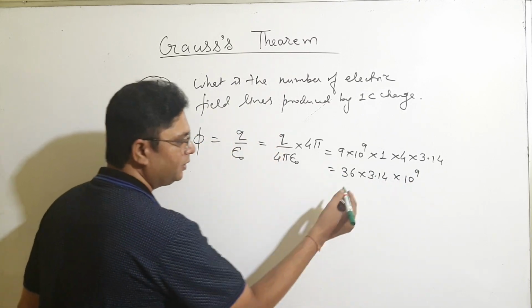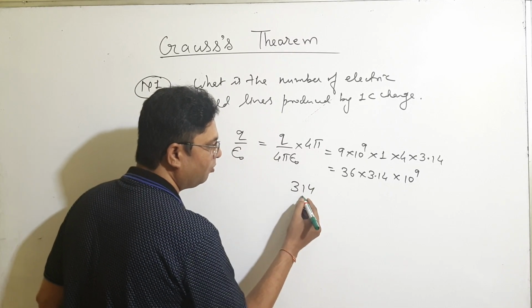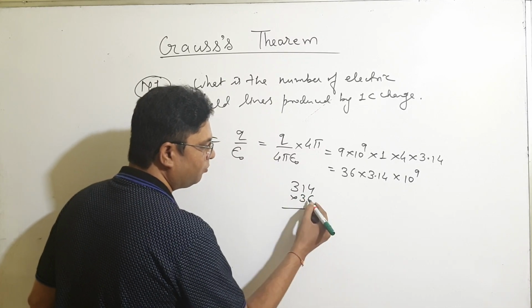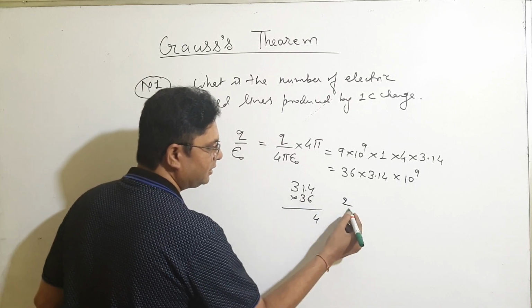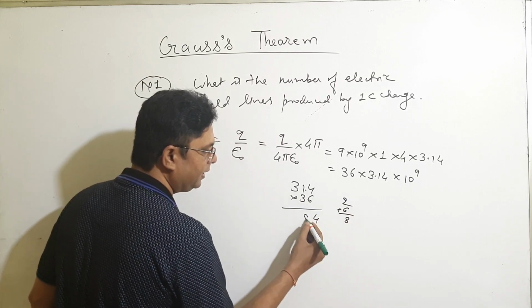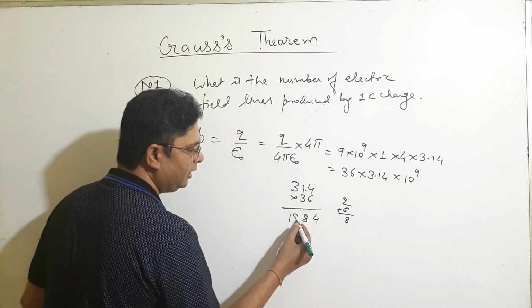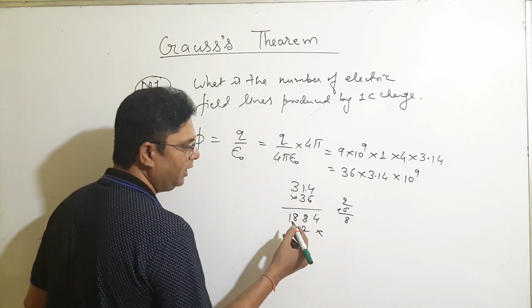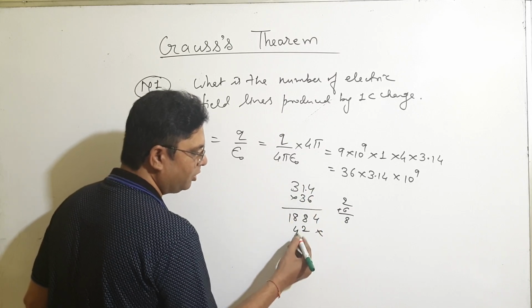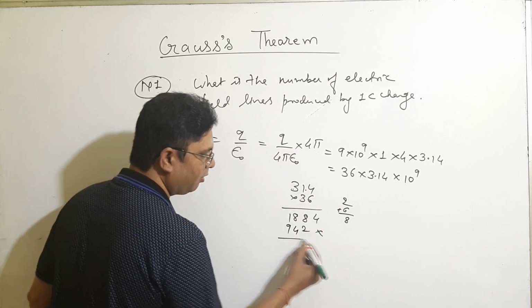So multiply it. You have 314 into 36. 4 into 6, you have 24. 6 into 1, 6 plus 2, you have 8. 6 into 3, 18. 3 into 4, 12. 3 into 1, 3, and 1 in hand, so 4 here. 3 into 3, 9. Now add it.